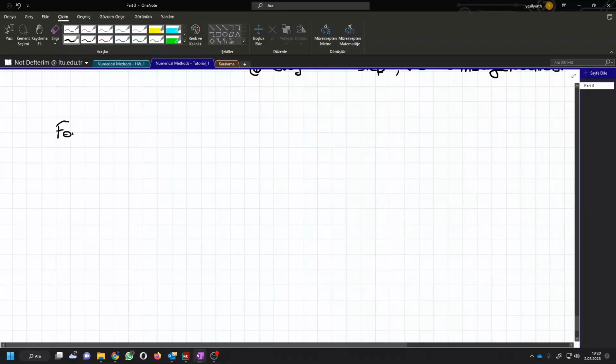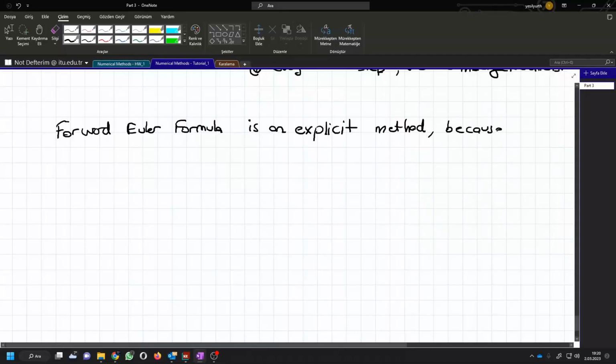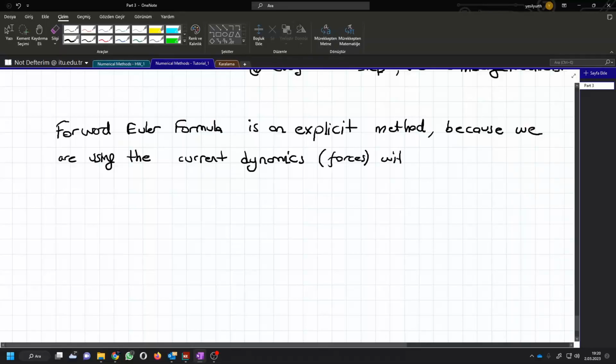The forward Euler formula is an explicit method, because we are using the current dynamics, which means forces, with current state variable to calculate the future of the motion.